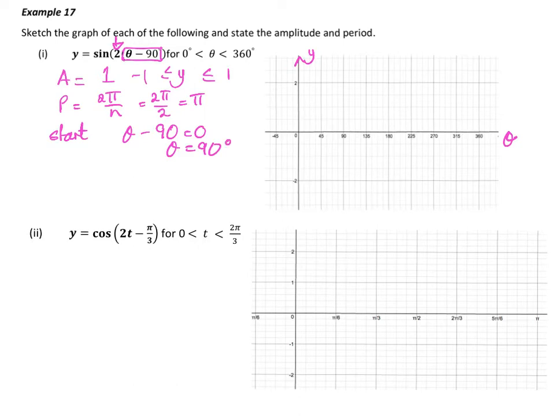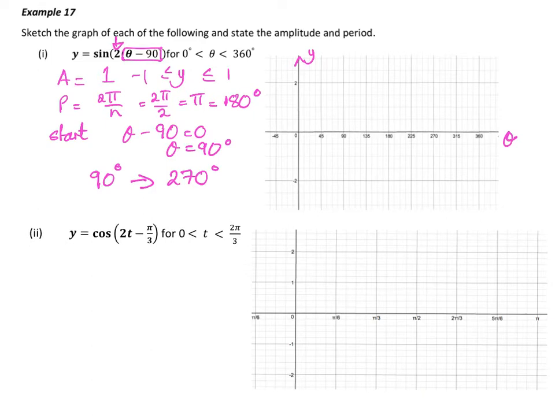And what we need to think about here is that although my period is pi, which in degrees is 180 degrees, therefore I'm going to go from 90 degrees, and the whole period is 180, so it brings me up to 270 degrees. That's one full cycle of my graph. So let's do that exactly the same way as what we were drawing graphs before.